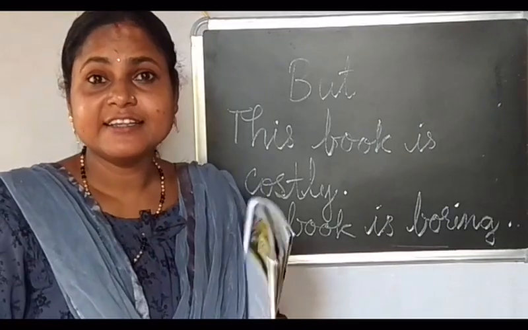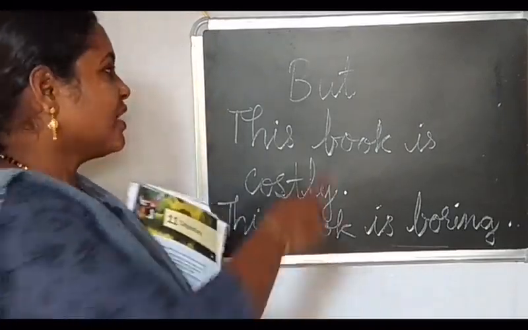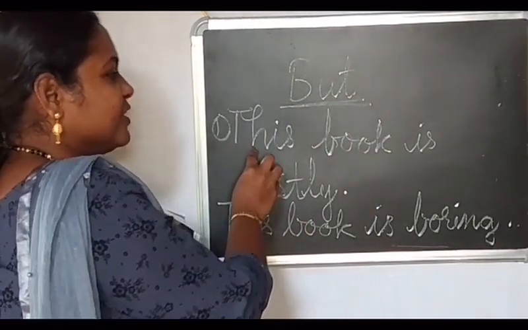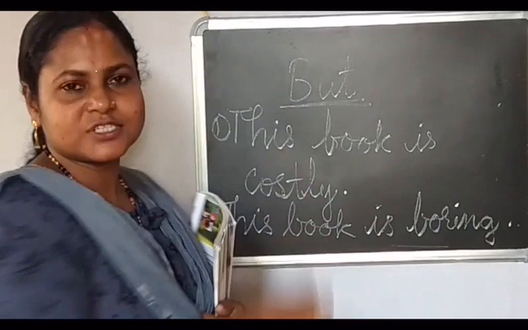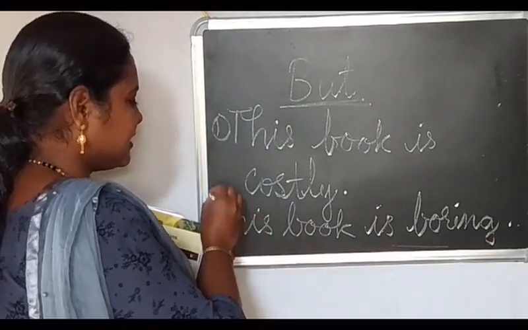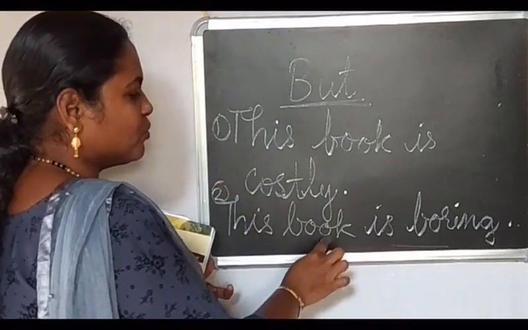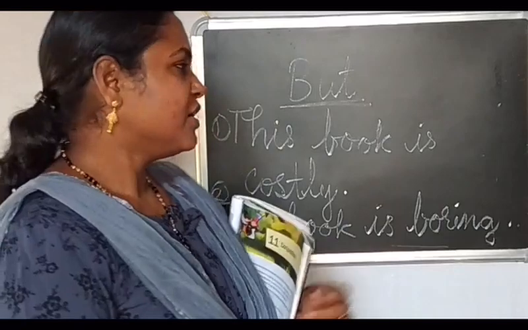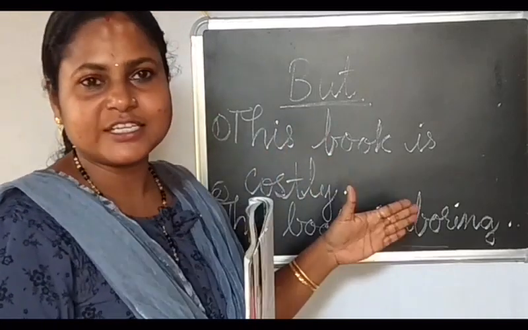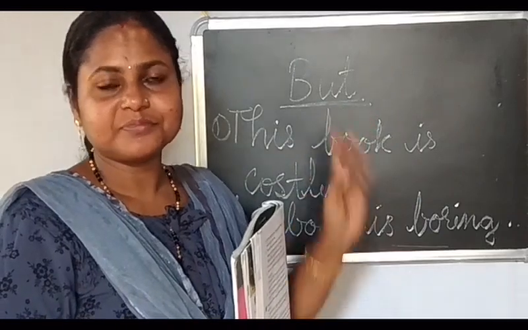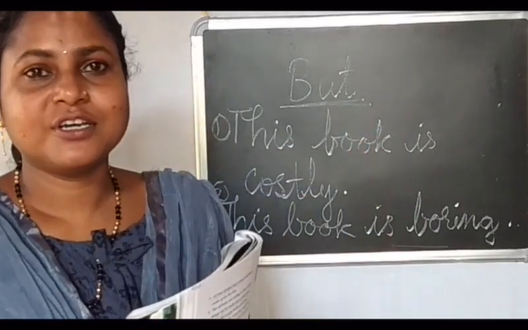Okay, so you can see another example of this but. First sentence, this book is costly. And the second sentence is, this book is boring. So we can connect these two sentences together using this conjunction but. How can we connect?